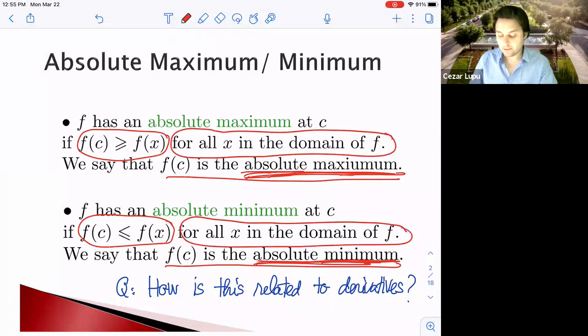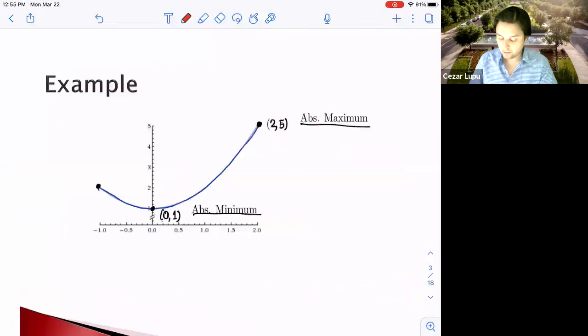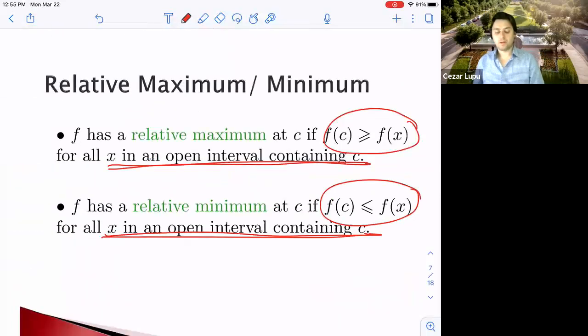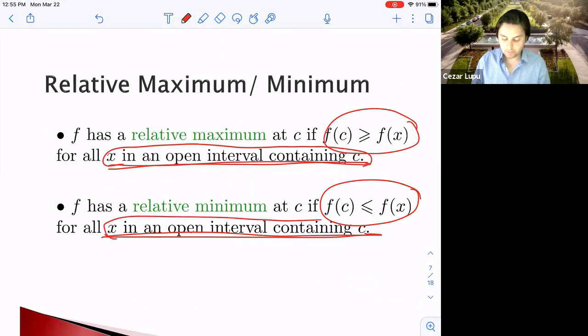But in the case of relative, this happens only for all x in an open interval containing c. So that's the difference between relative max and min and absolute max and min.